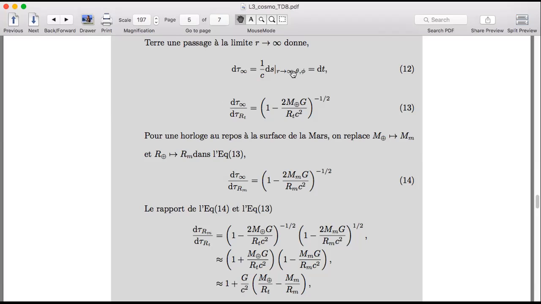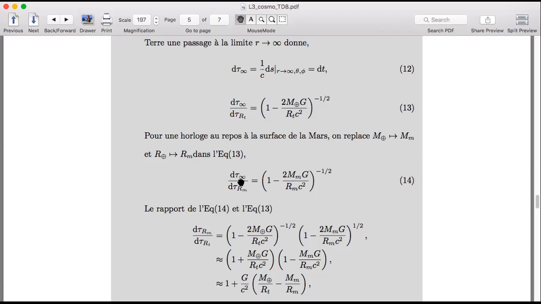It's the Minkowski, flat space-time measurement, so we argue that those are the same, and they cancel.